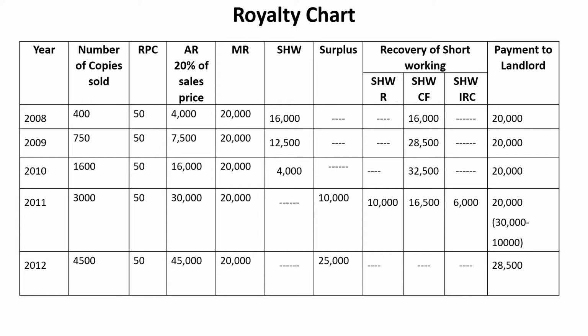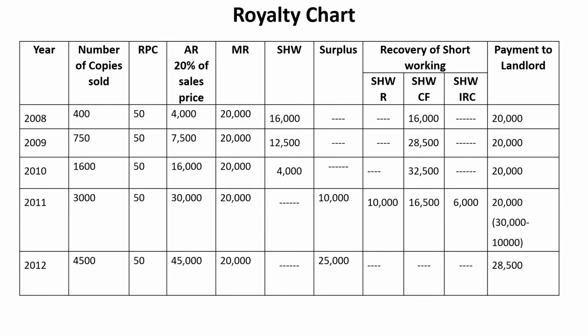We all know that in the royalty chart we have number of copies sold, royalty per copy, actual royalty, minimum rent, short working, surplus. Then the status of recovery of short working: short working recovered, short working carried forward, short working not recovered, and payment made to landlord.